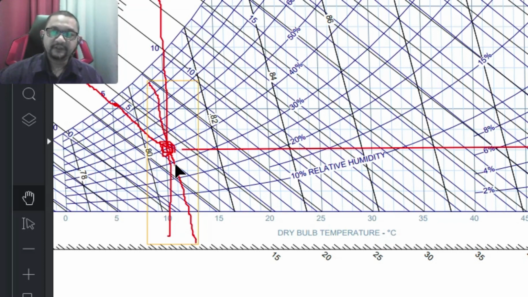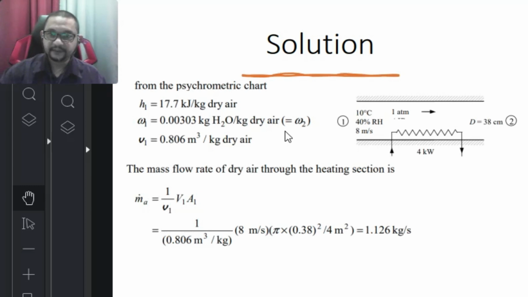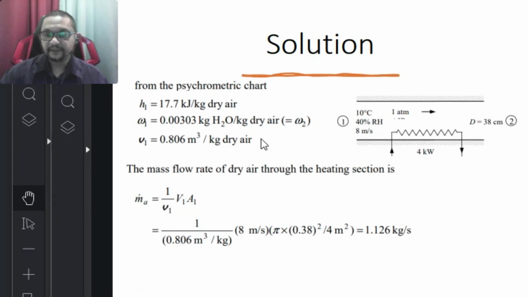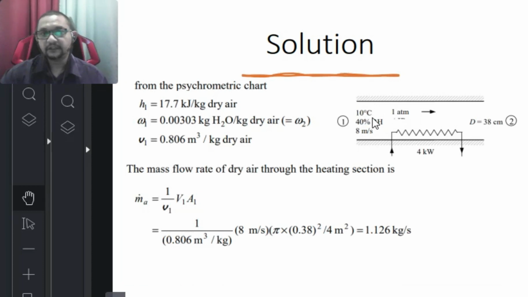So this value is about 0.806 cubic meter per kilogram specific volume. That is how you get all these values from the psychrometric chart, based on the properties that have been given in the question.